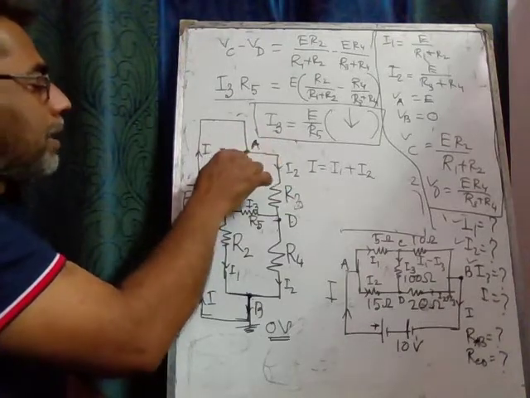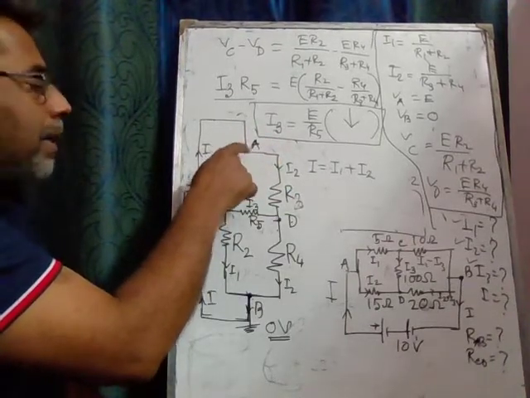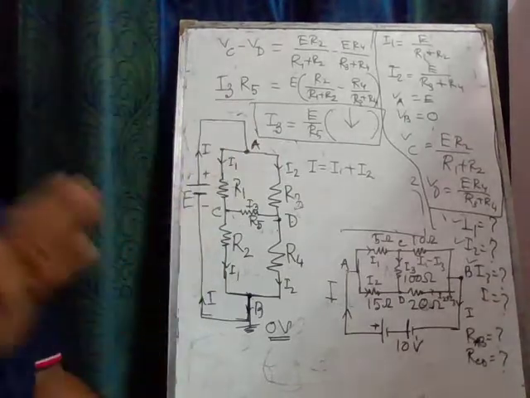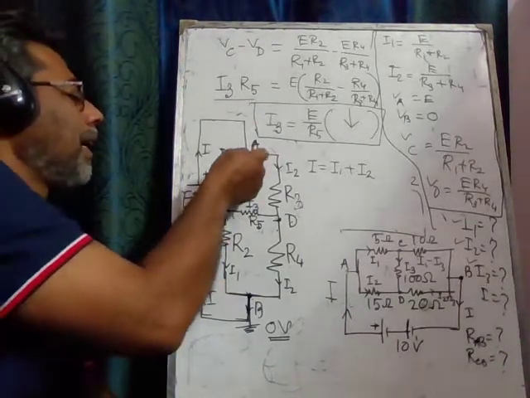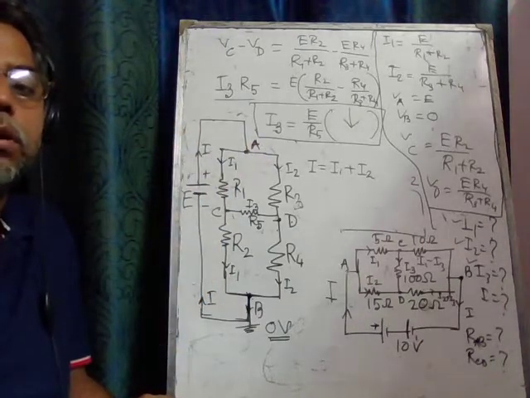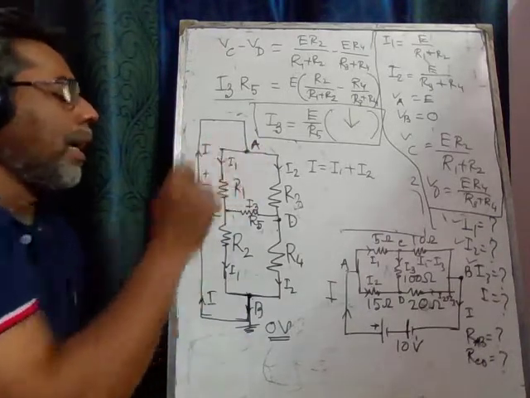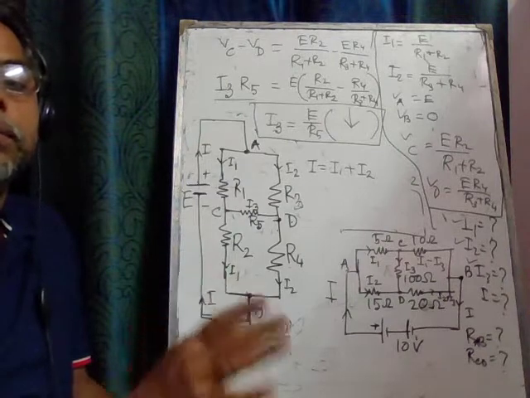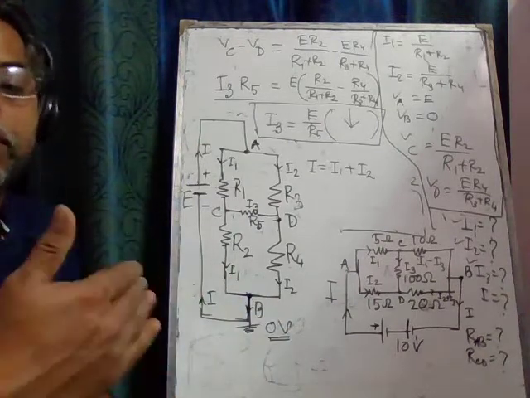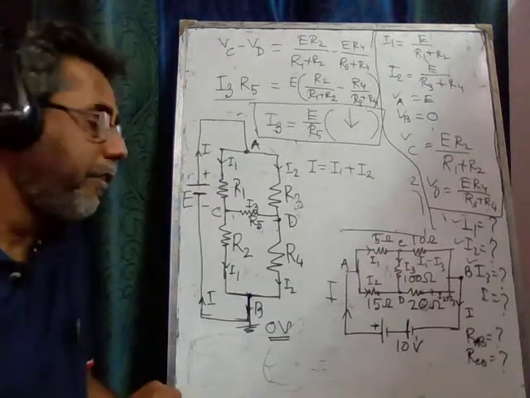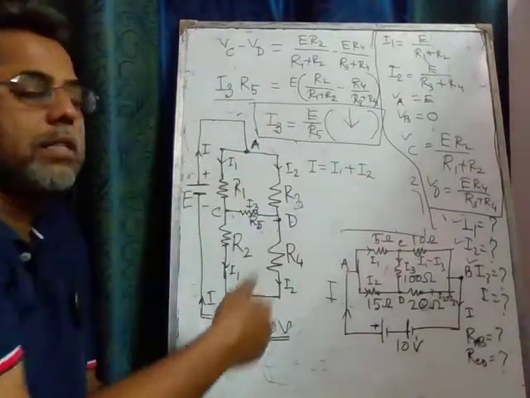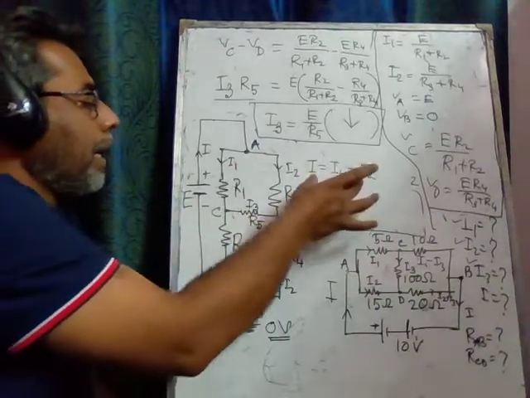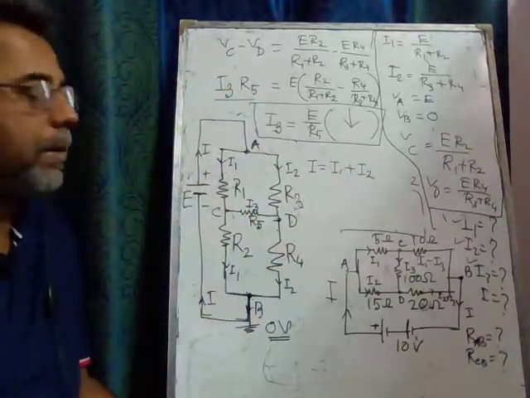So the net charge at any time at this point A should be 0. There will be no accumulation of additional charge at any point. So at each junction the total current must vanish, that is, the algebraic sum of the currents should vanish. From that concept, called Kirchhoff's current law, we can write this very simply.